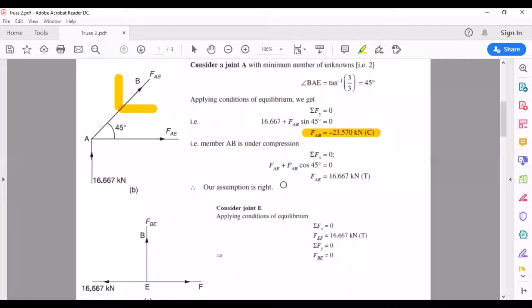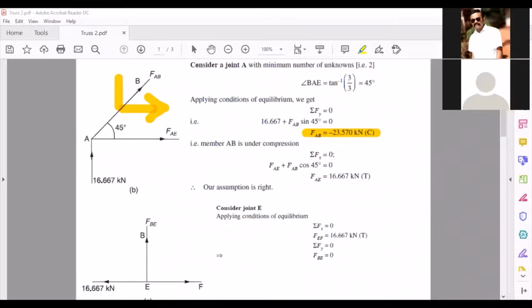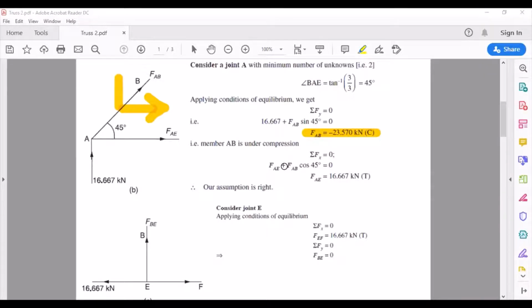FAE is with positive sign. Next is FAB, that horizontal component, also moving to the right. So it is FAB cos 45, with the positive sign.